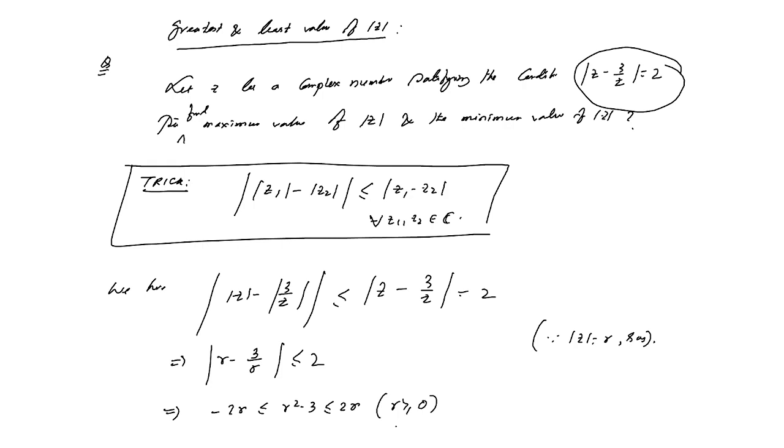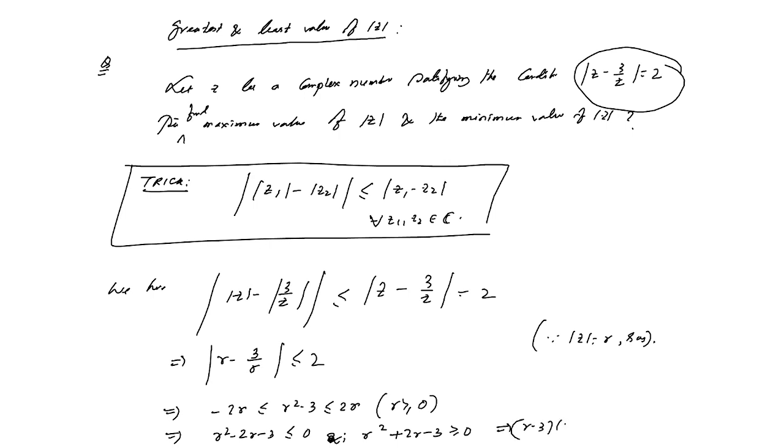So now we'll apply the inequality. We'll get two equations. One equation is r square minus 2r minus 3 less than or equal to 0, and the other equation is r square plus 2r minus 3 greater than or equal to 0. You just simplify these cases.